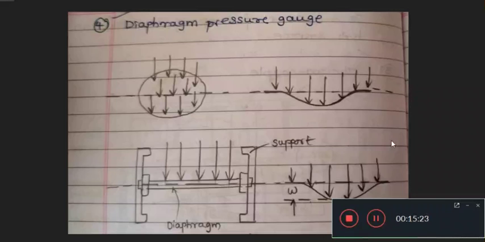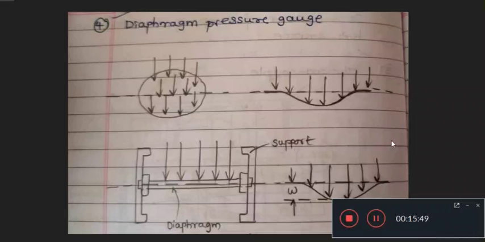The diaphragm may be made up of a film or a chemical film or leather or cloth or plastic, held all around the ring by the clamps itself. This is what we have: the diaphragm pressure gauge.